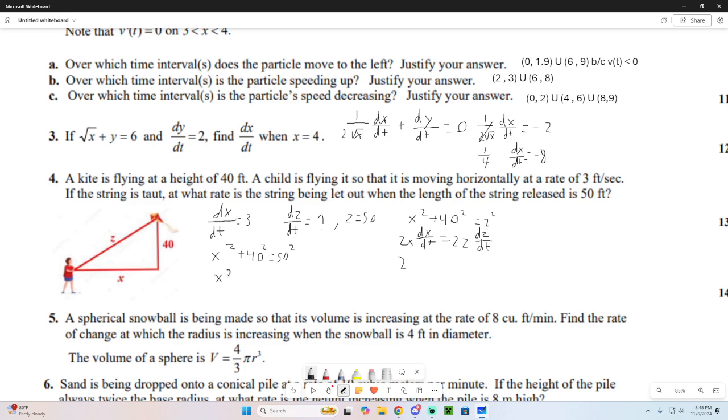We have x squared plus 1600 equals 2500, and then x squared equals 900, so x equals 30. x equals 30 as our answer. So 2 times 30, dx over dt we know is 3, equals 2 times our z value, which we know is 50, dz over dt.